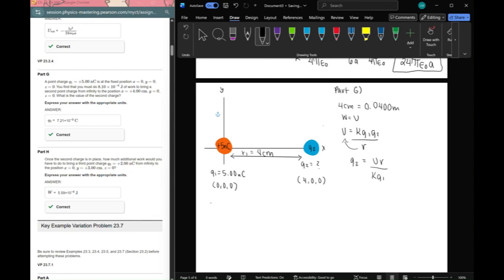So now we're going to work with the numerator and the denominator. U times R separately, and then K times Q1 separately. So let's do that. We already know the values, so we're going to write that. U is equal to work, and the work over here shows in the problem.